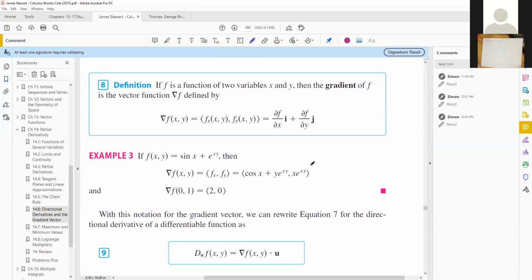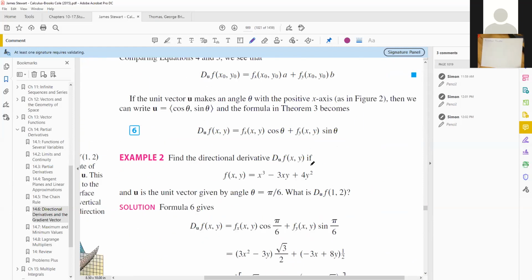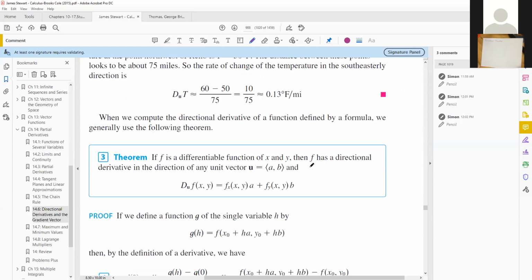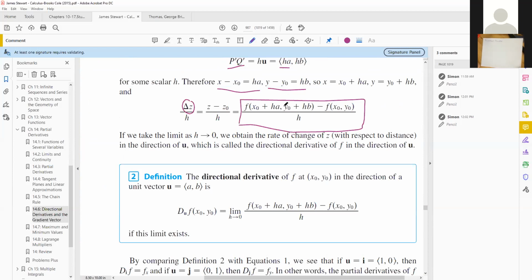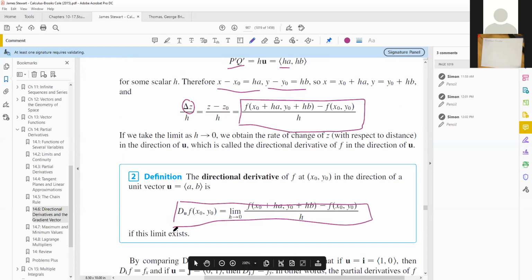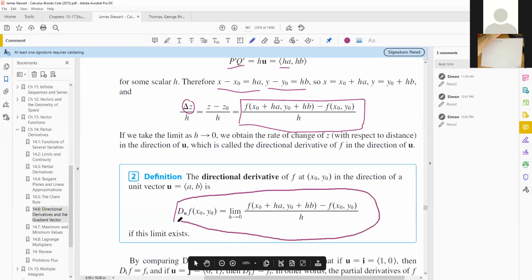Okay, so just give me a second here. Yeah. So if you find the limit of that ratio, you get what is called the directional derivative of the function f at a given point in the direction of a unit vector u.